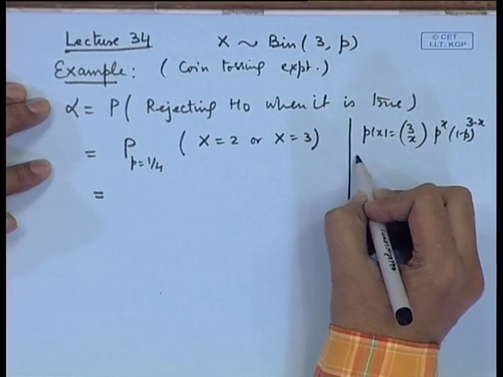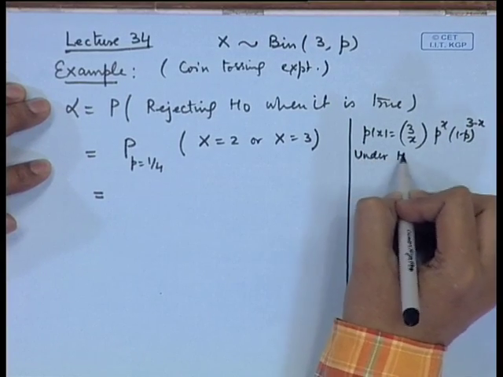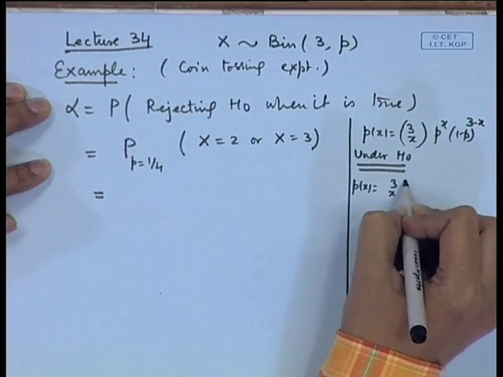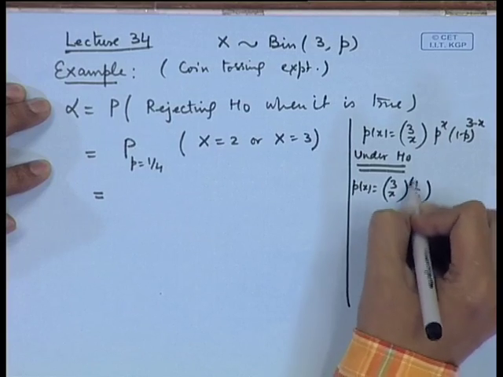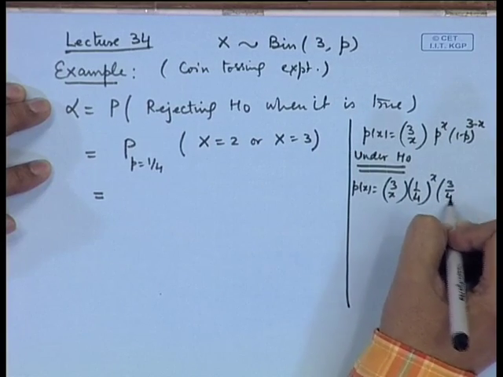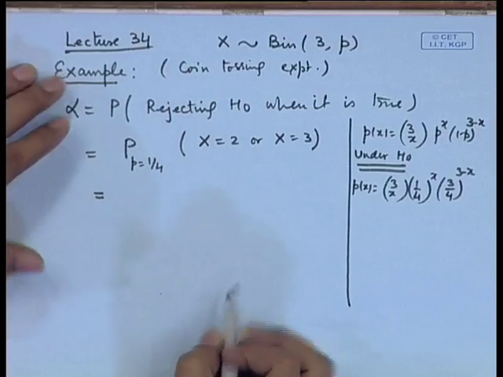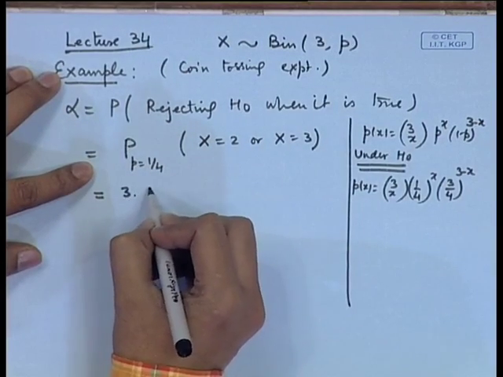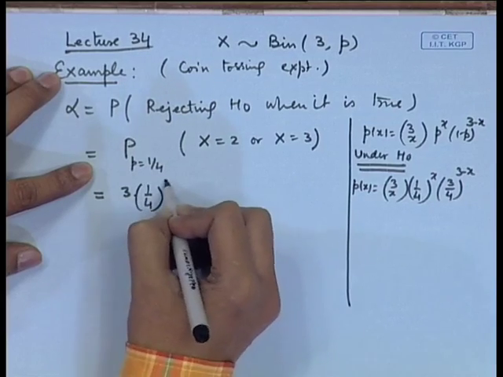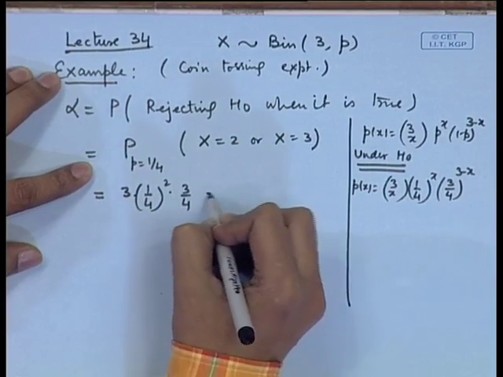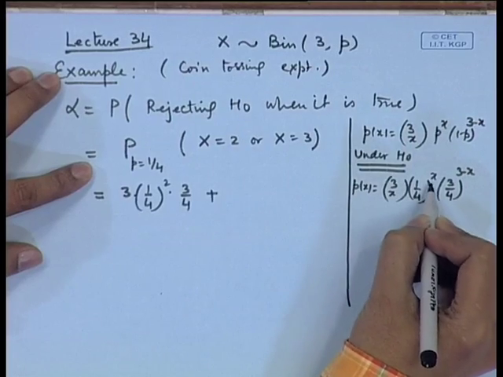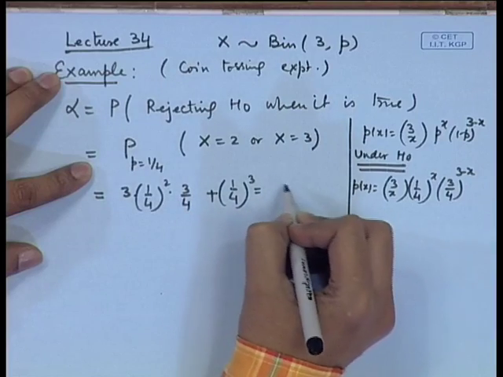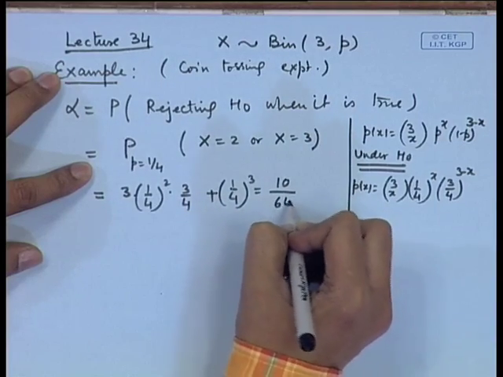Now, under H naught, this p x function will be equal to 3 c x (1 by 4) to the power x (3 by 4) to the power 3 minus x. So, when I substitute x is equal to 2 here, I get 3 (1 by 4) square into 3 by 4, plus, when I put x equal to 3 here, this is simply reducing to 1 by 4 cube.